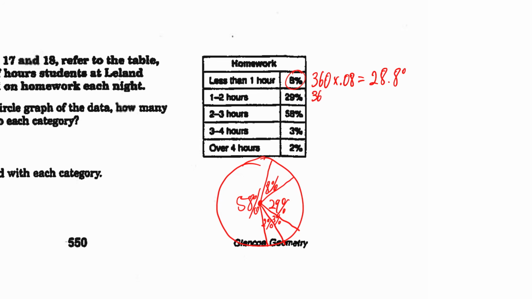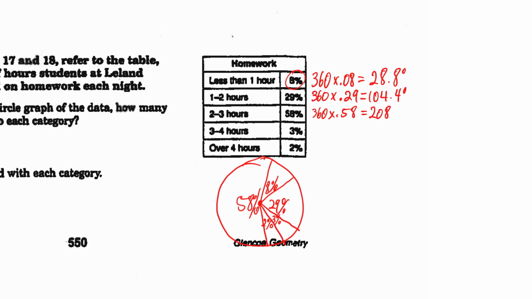Okay, for the 29% one, I'm going to do 360 times 0.29. Okay, 104.4 degrees. 360 times 0.58, 208.8.